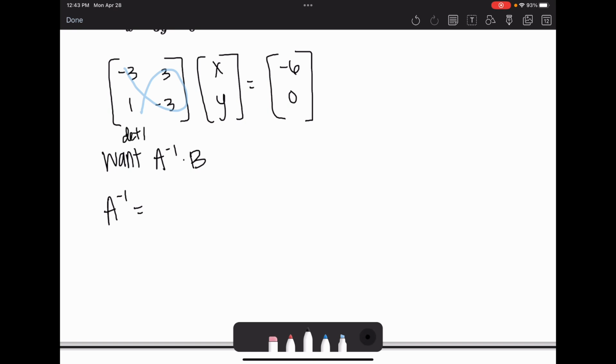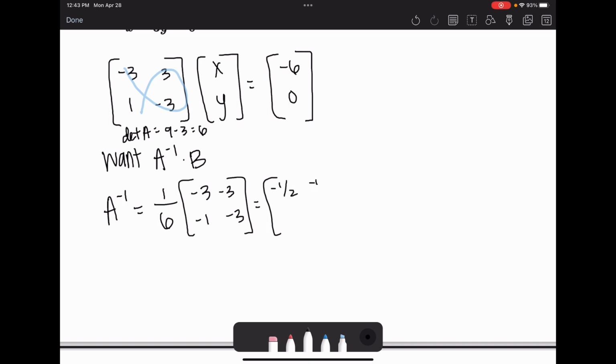So the determinant of A is 9 minus 3, which is 6. So this is 1 over 6. And we're going to switch these places, but they're the same. And then we're going to switch these signs. So our inverse is negative 1/2, negative 1/2, negative 1/6, and negative 1/2.